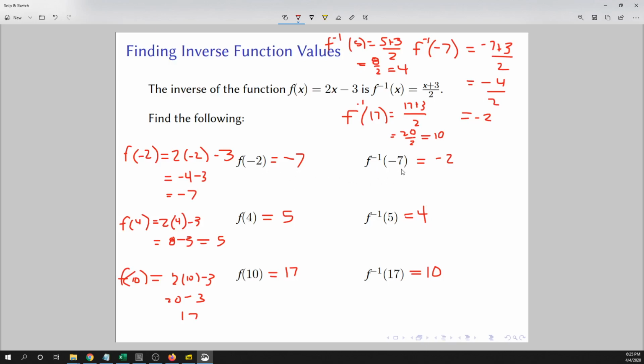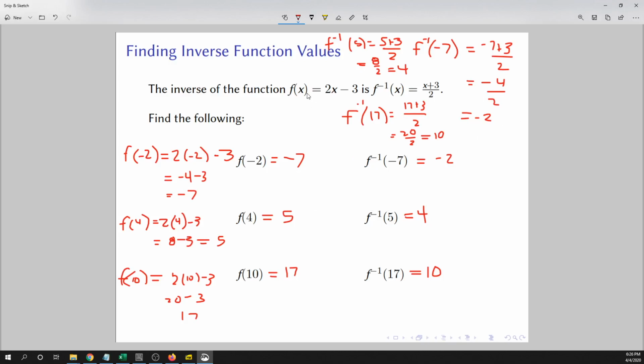If I take a number and plug it into the inverse and get an output, if I take that output and plug it back into the original function, I'll get that input back. And really what that says is that f is the inverse of f inverse. So that's it. That's the relationship between a function and its inverse. And that's what we're talking about here.